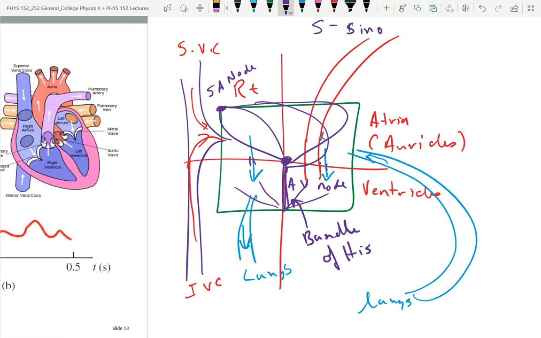And if it doesn't get a signal, it will tell the heart to beat about 40 times a minute. It's going to say, I'm not getting anything, but if the heart doesn't beat, this sucker's going to die. So go ahead and beat. So the AV node can actually keep you going, but you have a much lower heart rate. And of course, we call that bradycardia, right? Bradycardia is a slow heart rate because you're not getting that signal through the atria.